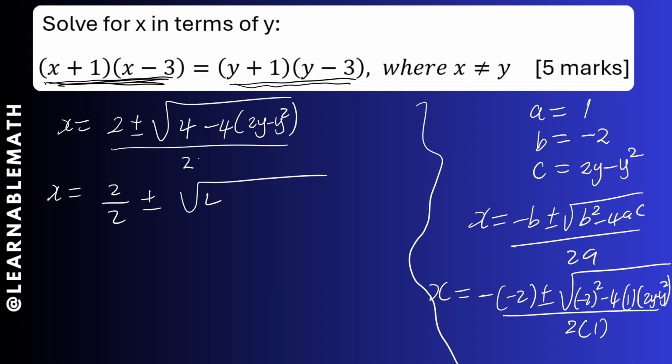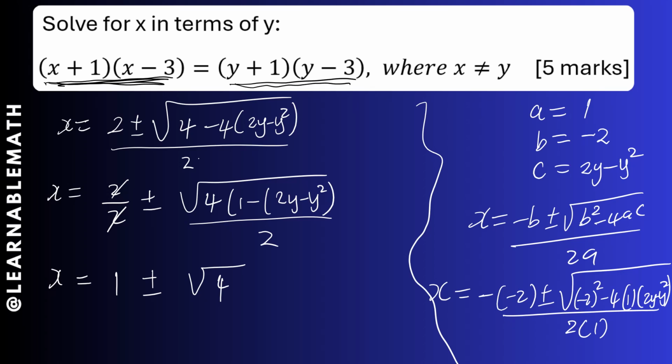Here I can take a common factor of 4, then I'm left with 1 minus 2y minus y squared. This is also divided by 2 because I want to divide every term by 2. Then x equals 1 plus or minus, when we simplify on top, we can write it as the root of 4 times the root of 1 minus 2y minus y squared.